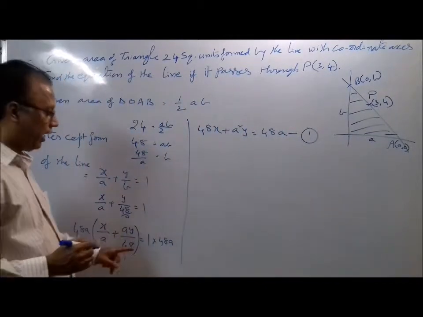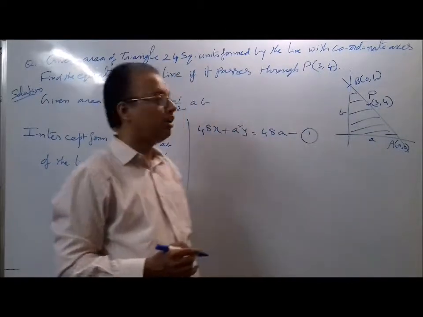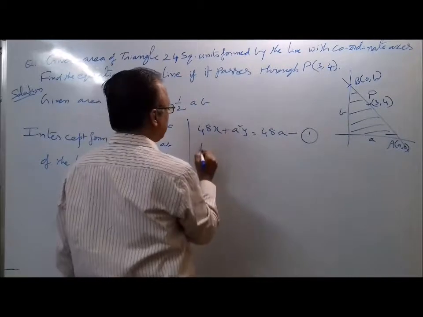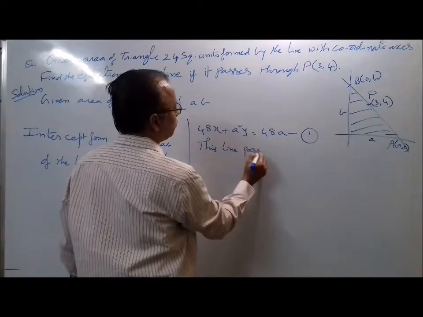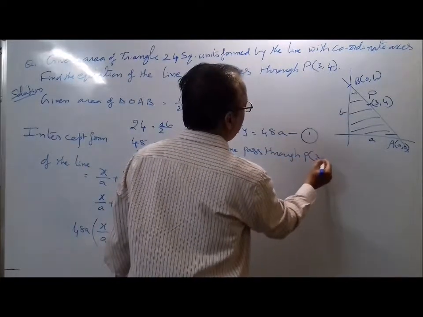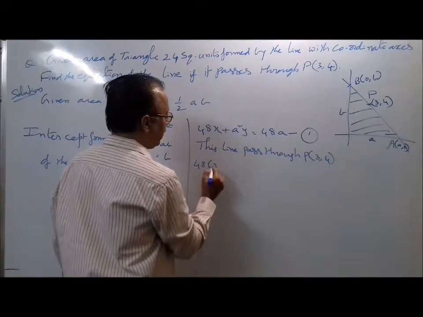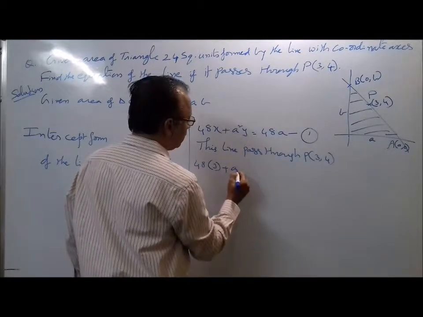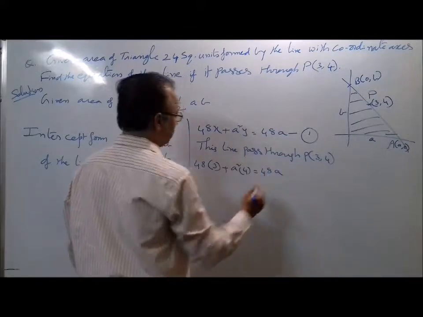This line is passing through P(3, 4), so I substitute. This line passes through P(3, 4): 48 into 3 plus A square into 4 is equal to 48A.